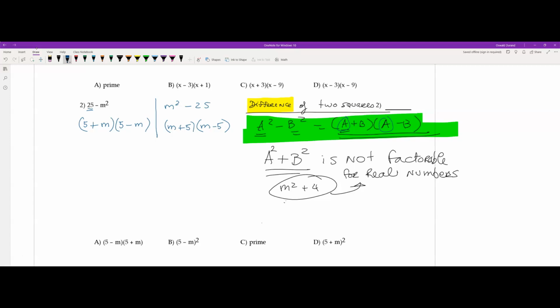Order is important here. The first term here will be represented in the first term in the binomials, and the second term will be represented by the second term in the binomial. Same thing applies here. So you have to be careful with these two types.